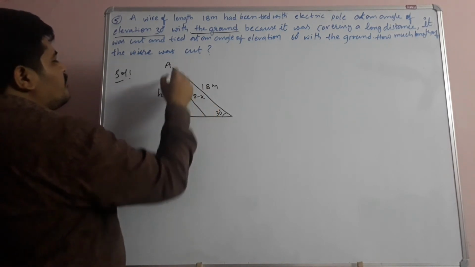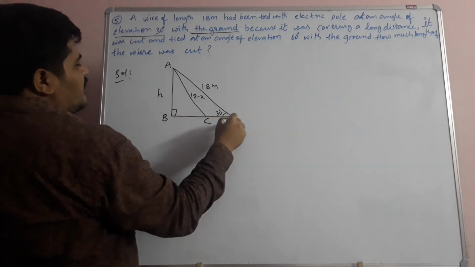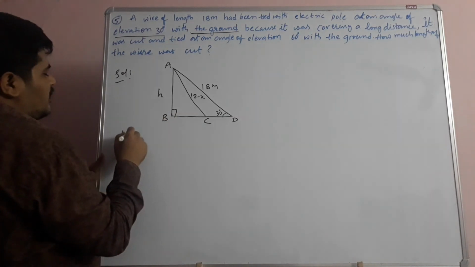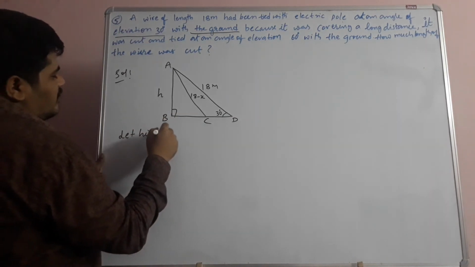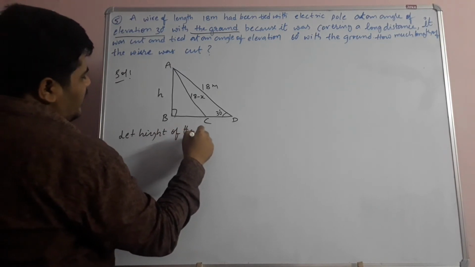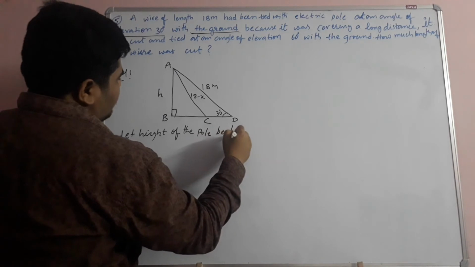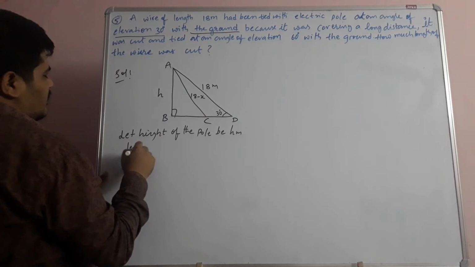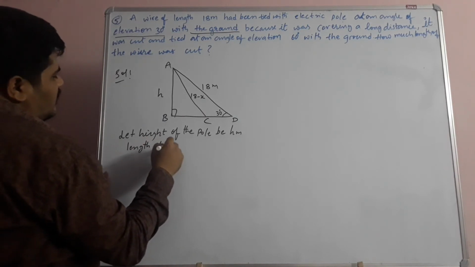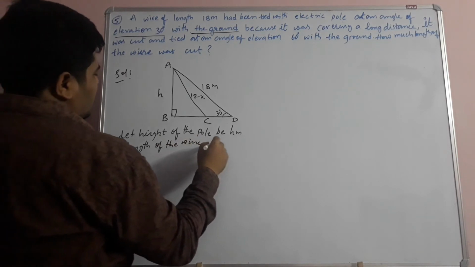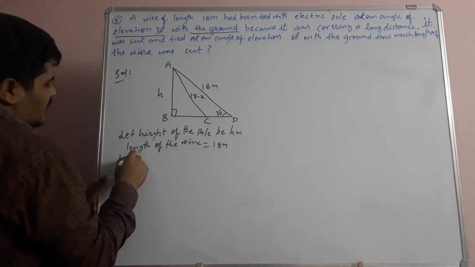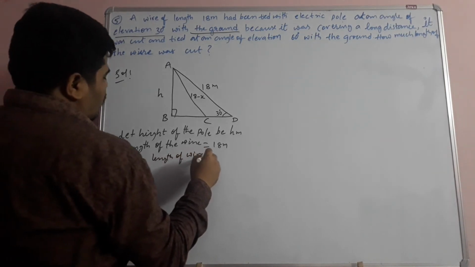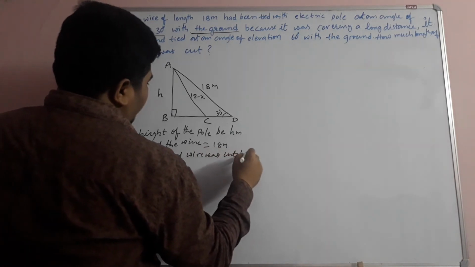Give names A, B, C and D. Here let the height of the pole be h meters. The length of the wire is equal to 18 meters, and let the length of the wire that was cut be x meters.